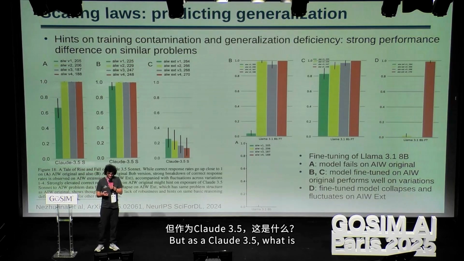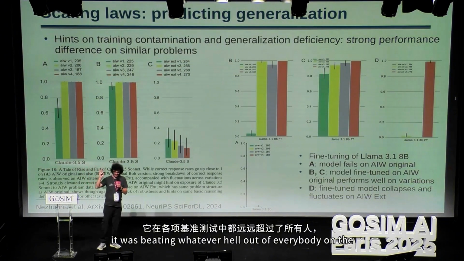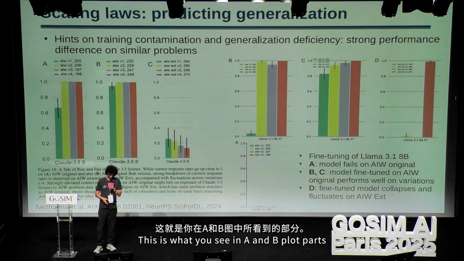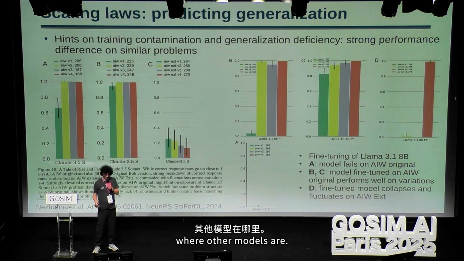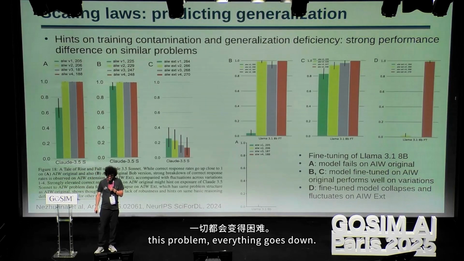Claude 3.5 Sonnet was released last summer, and it claimed very strong capabilities. It was beating everybody on the benchmarks. And we saw that it actually solves the original problem without fluctuations. This is what you see in the A and B plot parts there. It goes up everywhere on these 4 variations. But then if confronted with a slightly different formulation of this problem, everything goes down.